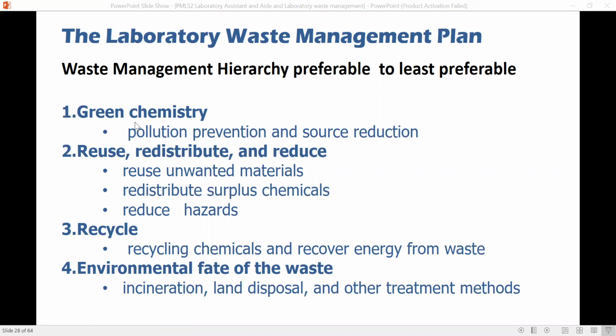It gives top priority to preventing waste, so we use biodegradable materials. That is why it is called green chemistry or green procurement policy. Buy only what is biodegradable so there is no waste. Pollution prevention, source reduction, waste prevention, waste reduction: that is green chemistry.